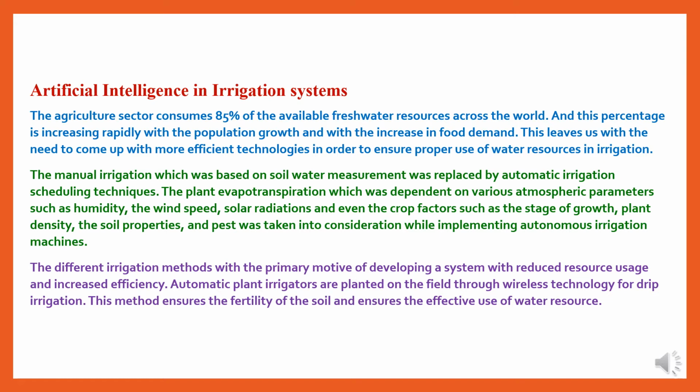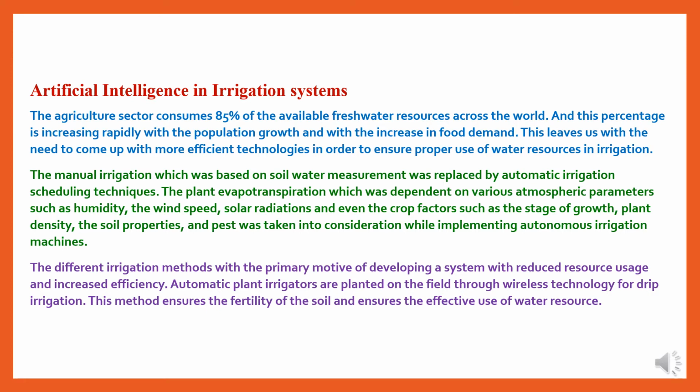The manual irrigation, which was based on soil water measurement, was replaced by automatic irrigation scheduling techniques. The plant evapotranspiration, which was dependent on various atmospheric parameters such as humidity, wind speed, solar radiation, and even crop factors such as the stage of growth, plant density, soil properties, and pests, was taken into consideration while implementing autonomous irrigation machines.